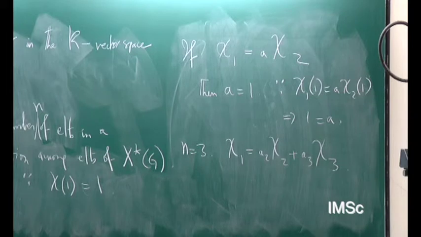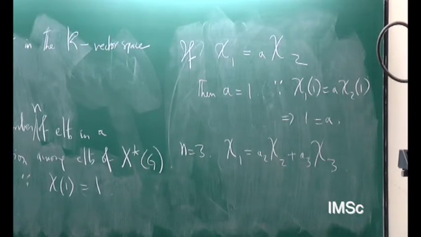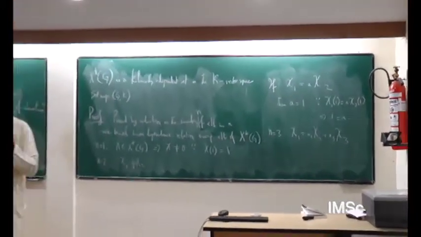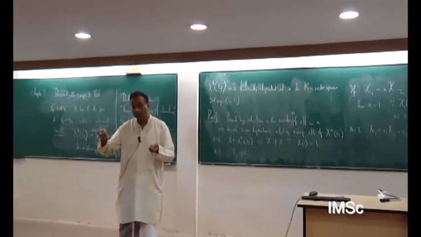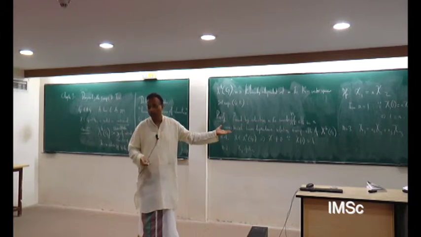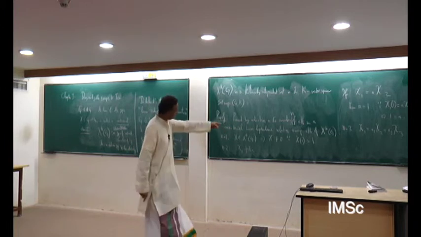You would try to evaluate it at various values and get some conditions on a1 and a2. That's what we did there. That was easy: you evaluated at 1 and you got some condition. I'd recommend that you do it by yourself without recourse to a book. I can write down the one-line proof from here. In fact, you don't even need these steps.